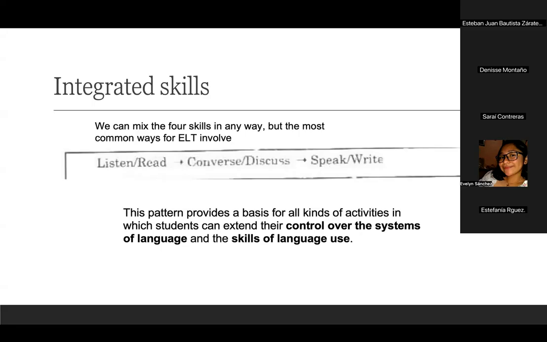However, you are not going to teach those language systems separately. You are probably going to ask students to use those fixed expressions and those reported speech aspects in a short discussion, trying to see similarities and differences between each country, how they celebrate Christmas.